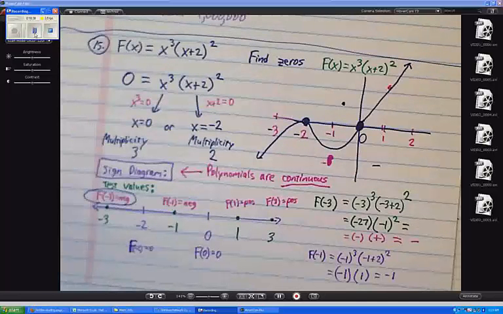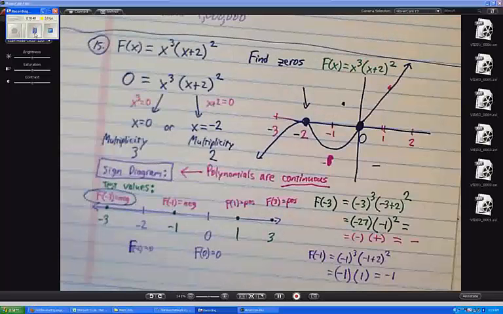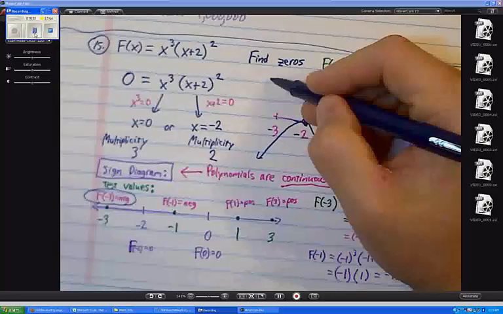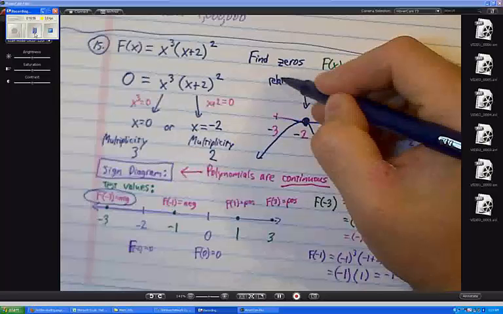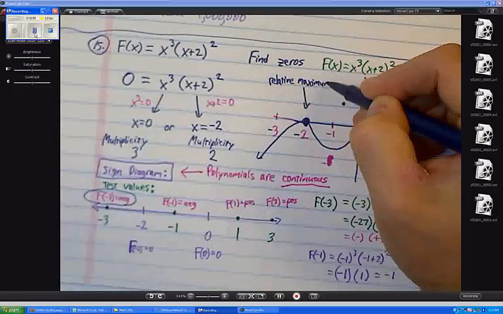Now, some of you were asking about multiplicity. Remember how this had some multiplicity? You don't know this yet. But one of the things that's going to do is make it possible that maybe I have a little relative maximum. We had this word on the last chapter. Do you guys remember this? Or local maximum? What do we call it?